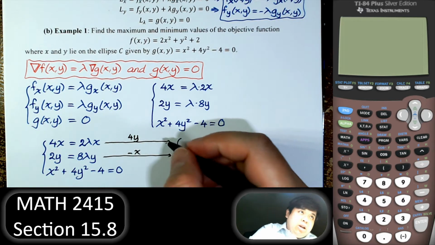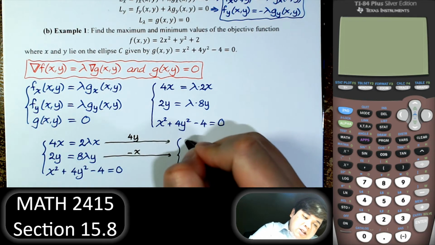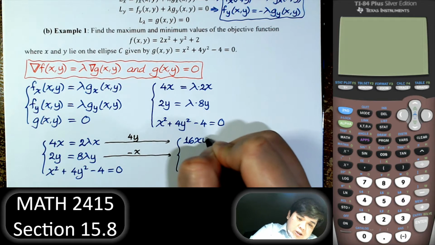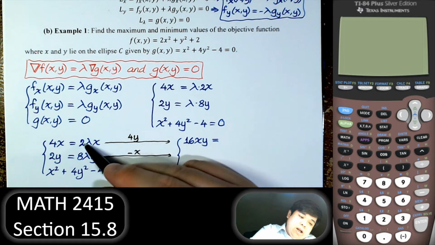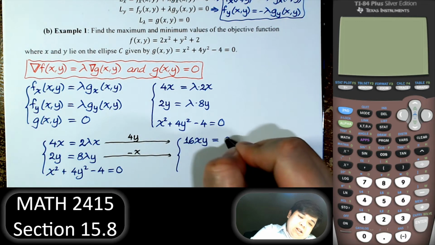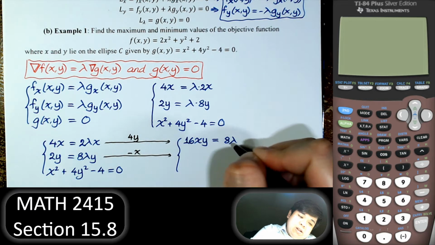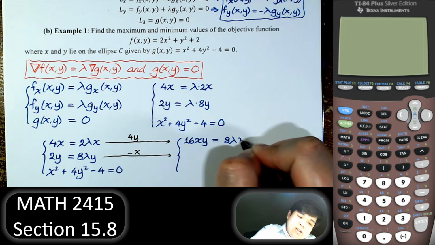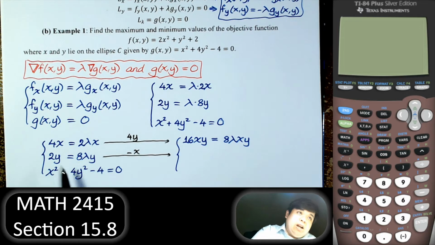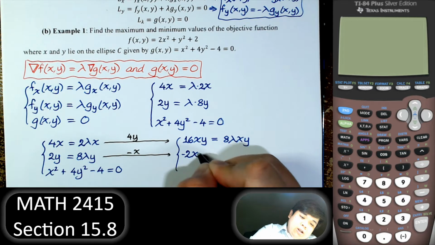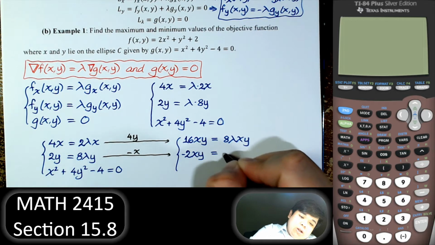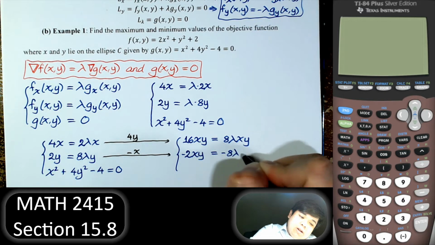So 4y times this gives us 16xy equal to 8 lambda xy. And negative x gives us negative 2xy equal to negative 8 lambda xy.